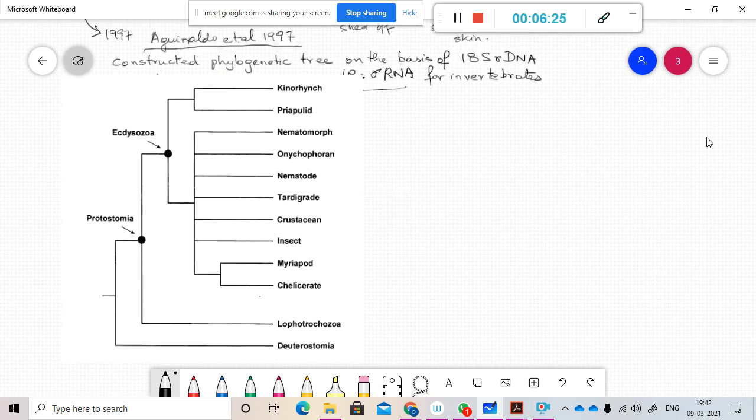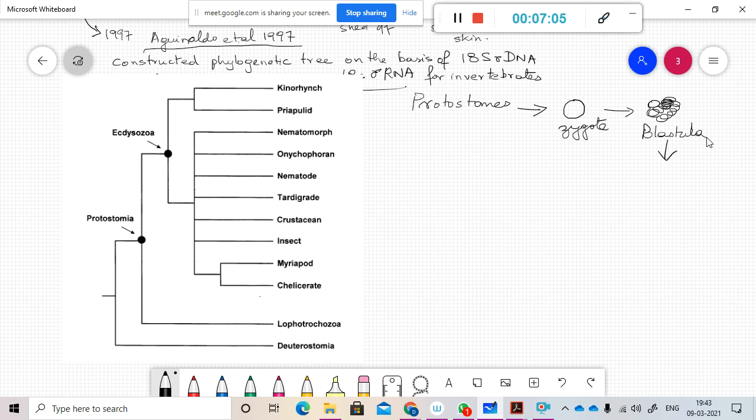So here it is. According to this 18S ribosomal tree, protostomes, you know what protostomes are? Protostomes are those organisms where the zygote, formed after fertilization of sperm and egg, develops into a structure known as blastula.